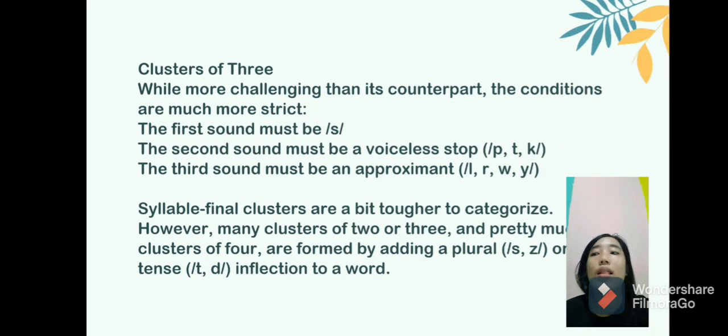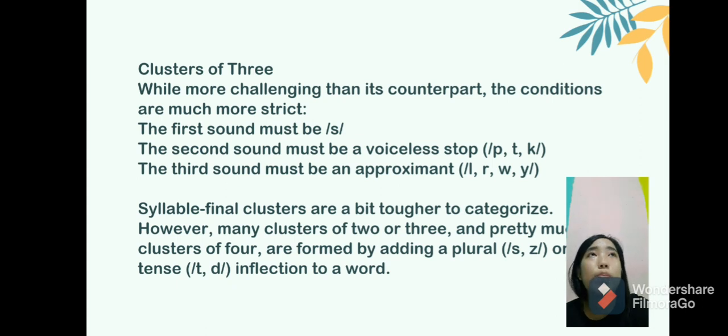Next one, clusters of 3. While more challenging, the conditions are much more strict. The first sound must be S, the second sound must be a voiceless stop, and the third sound must be an approximant.